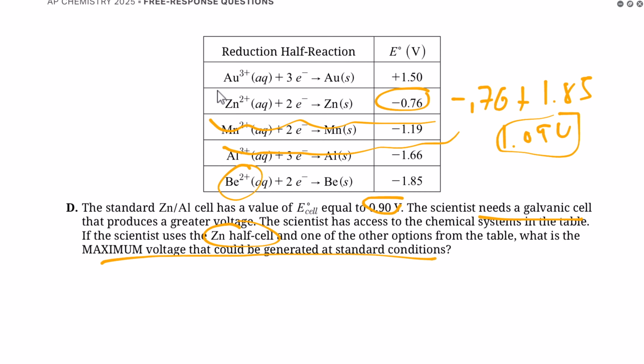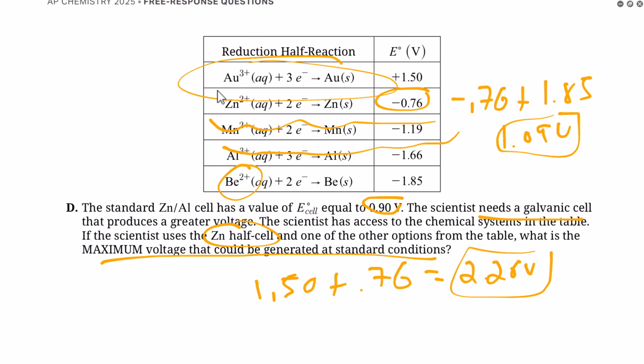If I use gold, we keep the 1.50, but we flip the zinc. So 0.76. So 1.5 plus 0.76 gives me a voltage of 2.26 volts. So our winner here is gold, because that will produce a voltage of 2.26 volts.